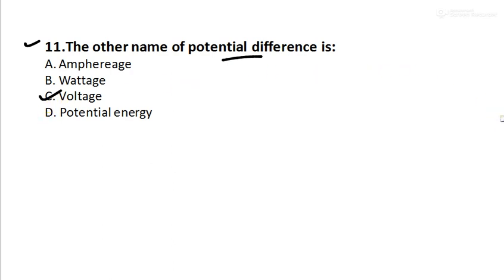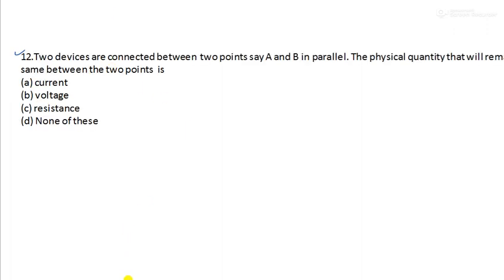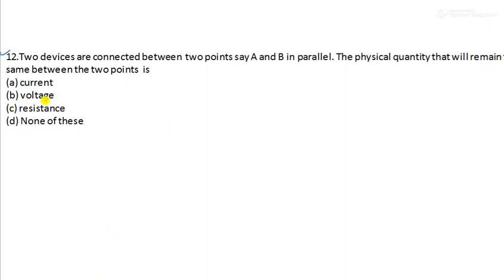Next is question number 12. What have they given? Let me zoom it. The question is, two devices are connected between 2 points A and B in parallel. The physical quantity that will remain the same between the 2 points is dash.